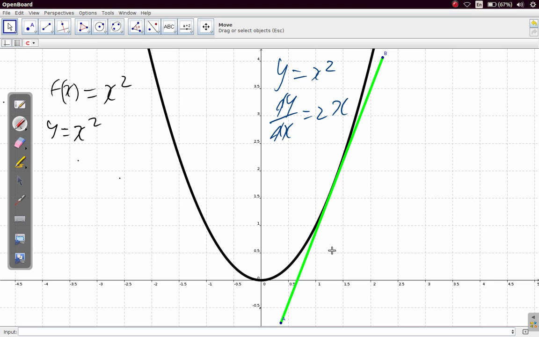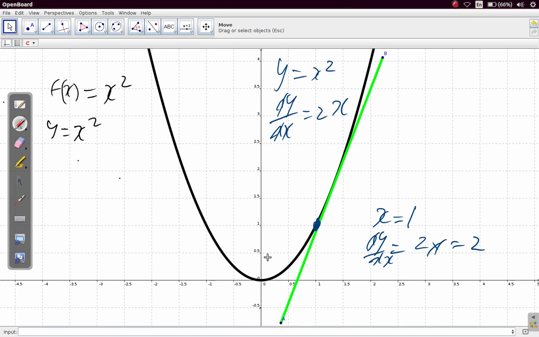Now, what that means, if you have a point at x equal 1, then the rate at which y is changing with respect to x, when x is equal to 1, dy by dx would be 2 by 1, which is 2.